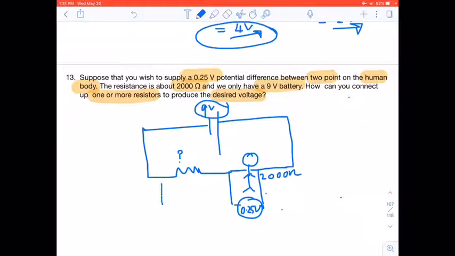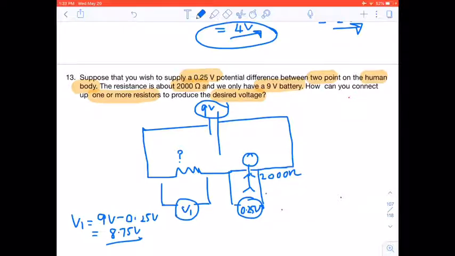So we know the voltage across this resistor will have to be, let's call it V1. V1 is equal to 9 volts minus 0.25 volts, which means it has to be equal to 8.75 volts. So this will have to be a voltage of 8.75 volts, right?